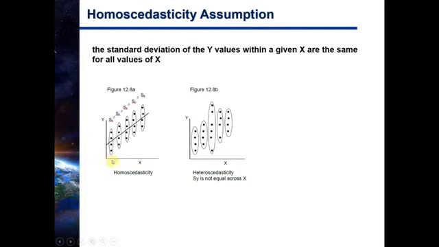If we look at this diagram here, this is showing you homoscedasticity. Why? Well, if we look at this value of x, these are all the y values. So when x is 1, here are all the different values of y. These are just numbers, right? So we could calculate the standard deviation of these numbers, and we're just going to let it be represented by SY.